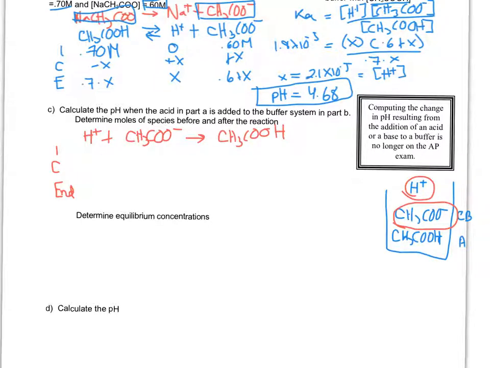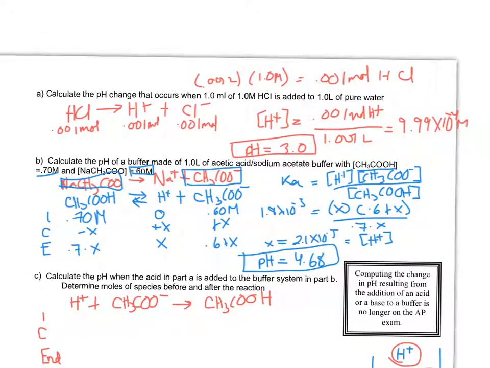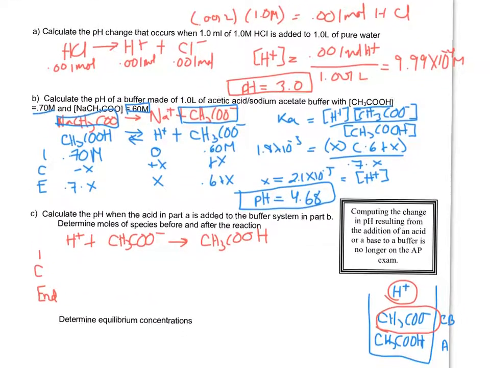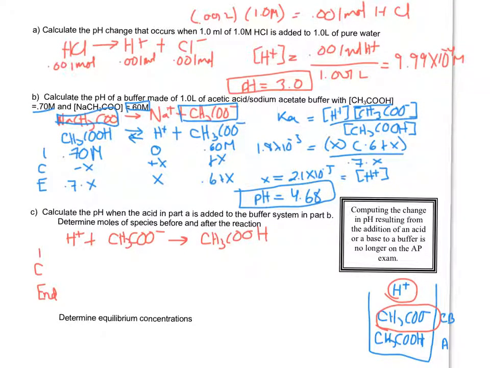So initially, how many moles of H plus did I have? Well, if we look back at our problem here, I had 0.001 moles of H plus. So I'm going to put that into my table here. 0.001 moles. Okay, let's look at my acetate. My acetate comes from the sodium acetate here.